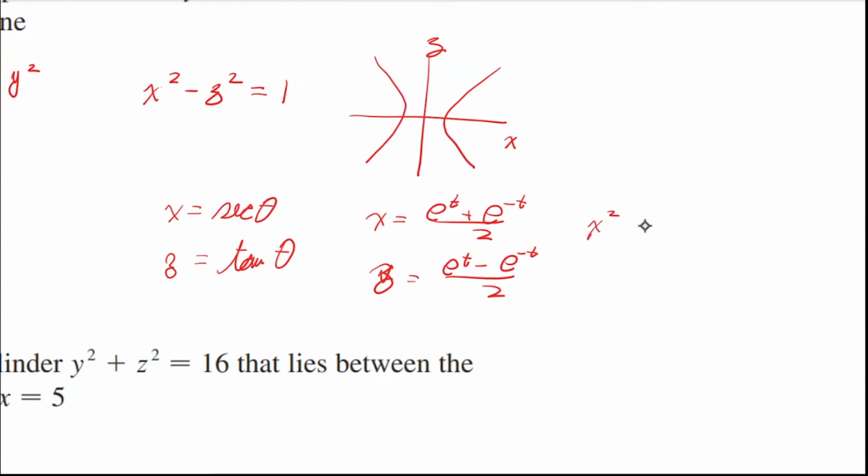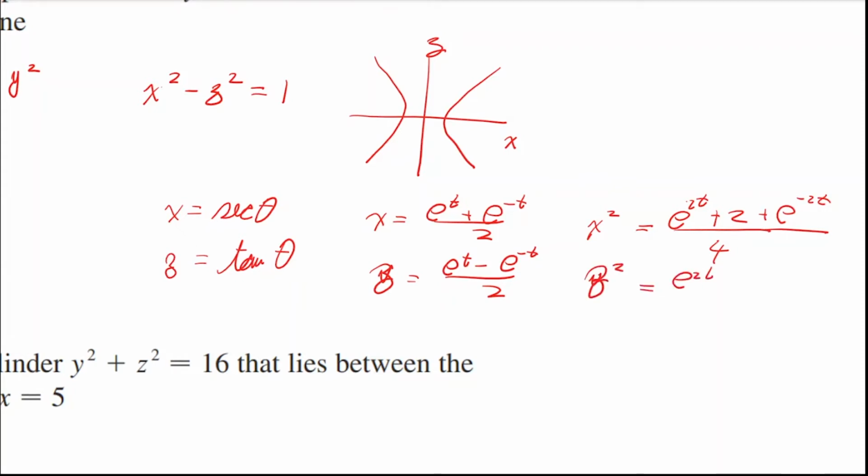Well, let's just compute. x squared is equal to, denominator 4, e to the 2t plus 2 times this times that, which is just 2, plus e to the negative 2t. Good. And then z, I keep forgetting this is z.